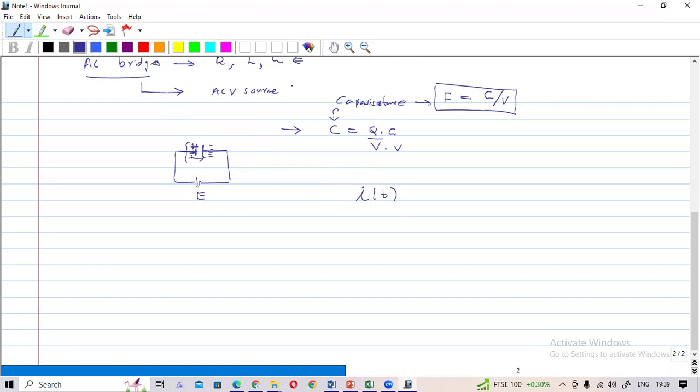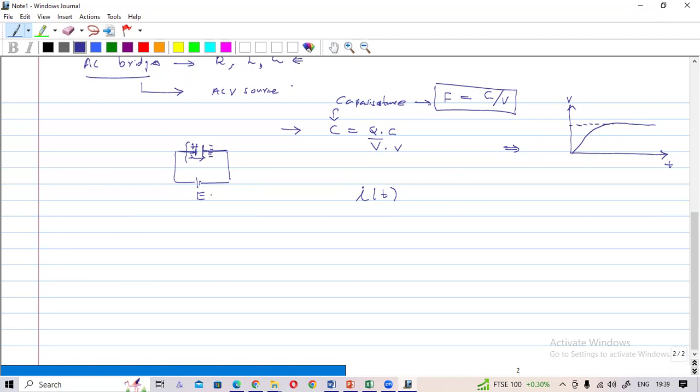Normally, for the capacitor, once we have connected a DC source, the capacitor starts to charge. So, time versus voltage. The capacitor is starting to charge, so charging will be like this, and this is the maximum charge.